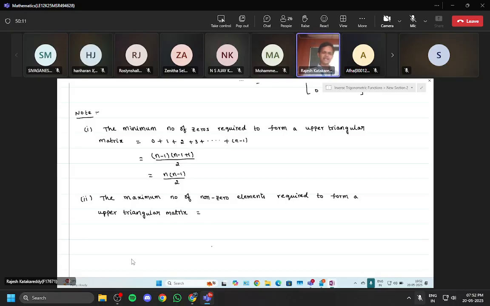This is an upper triangular matrix of order n. If you want, you add that 1 point, please. I am giving for order n. Clear?